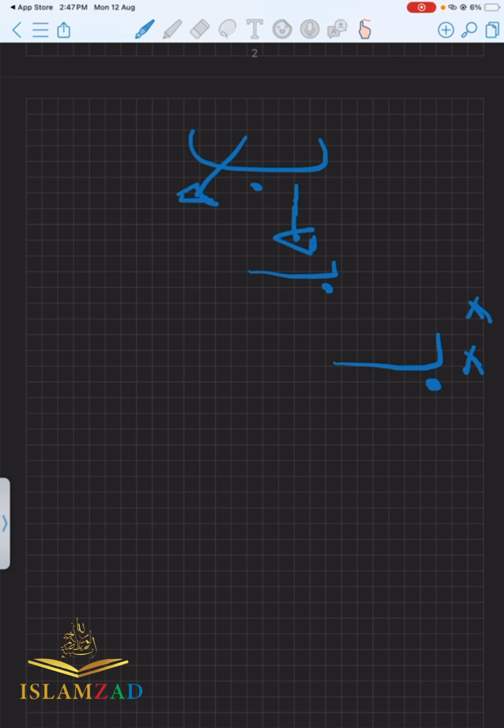In the middle, the letter connects from both sides. It has a right arm and a left arm. And Ba, as we said, is only a teeth and a dot on the bottom. At the end, it will have a right arm only. Why? Because there is nothing after it, as we said. And the Ba will be our normal Ba.